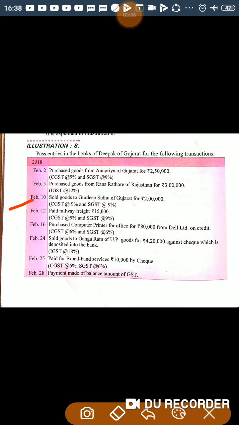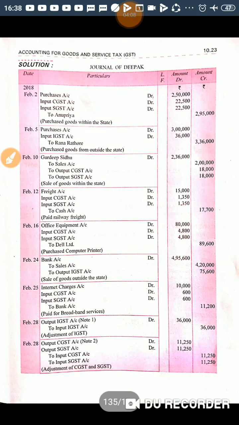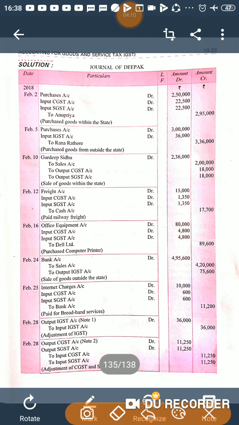Sales account is involved, Gurdeep Sidhu is involved, and output CGST and output SGST are involved. Sales is an income. It is increasing in the business, so it should be credited. That is 2 lakh. Output CGST and output SGST are a liability for the business. Increase in liability should be credited, that is 18,000 each.